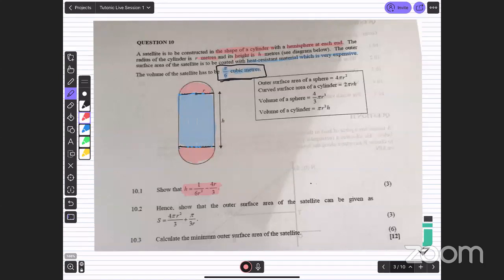It's only one variable. And in your syllabus, you only learned how to differentiate with one variable, so you have to try and create only one variable. That's why you find h, so that you can sub in.